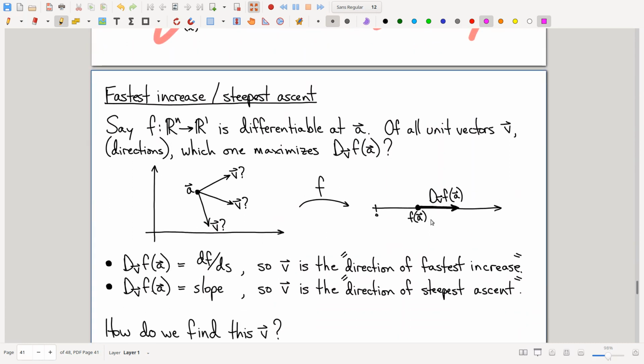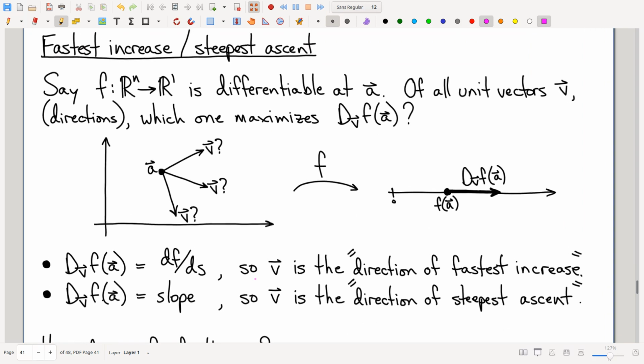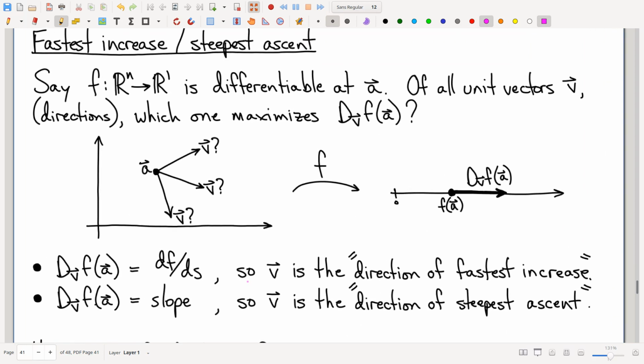Okay, let's talk about this question. Here's a natural question to ask. Let's talk about our directional derivative, how fast the function is changing.